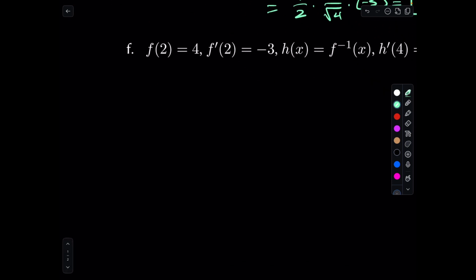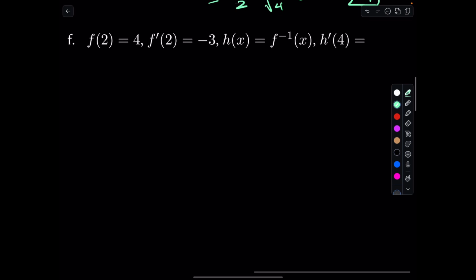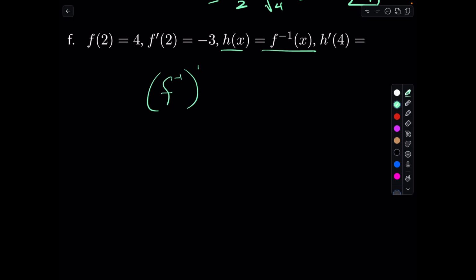Last one. It says h of x is the inverse of f. So remember that the derivative of the inverse function is 1 over the derivative of the function evaluated at the inverse function, which is really confusing, but let's go ahead and see if we can sort this out.